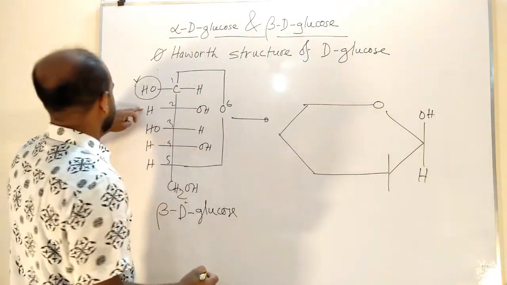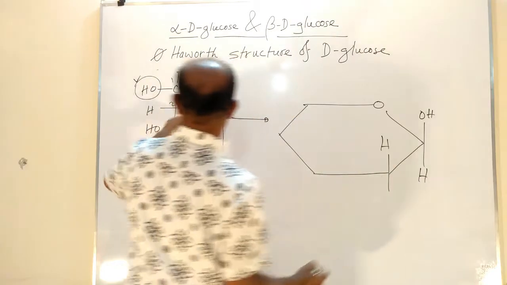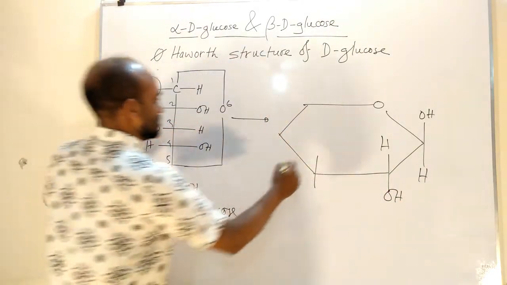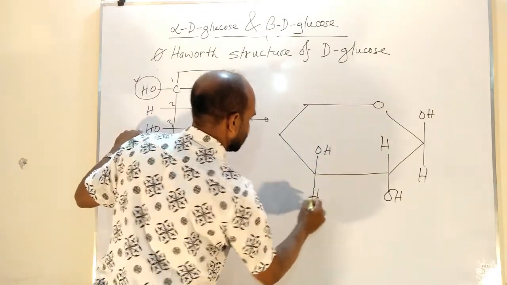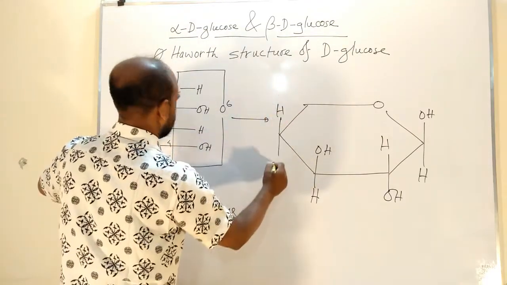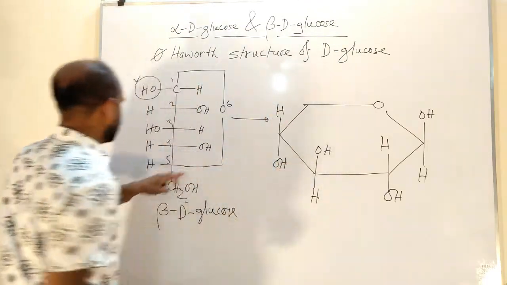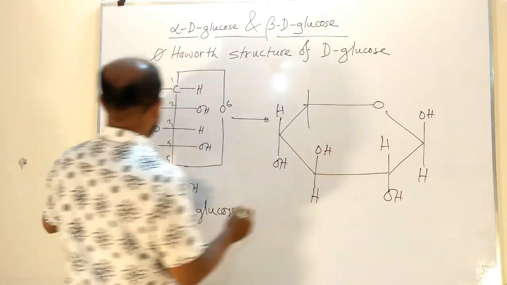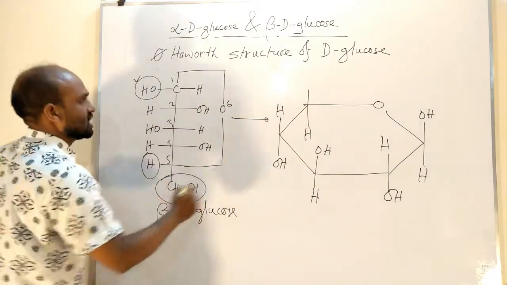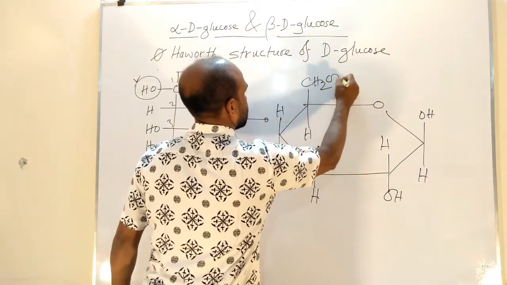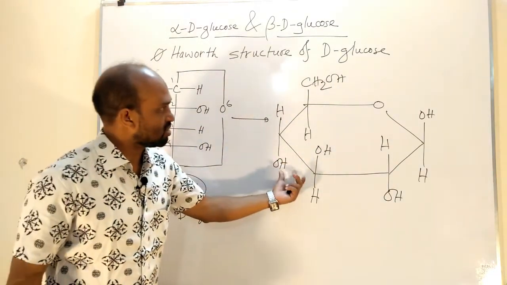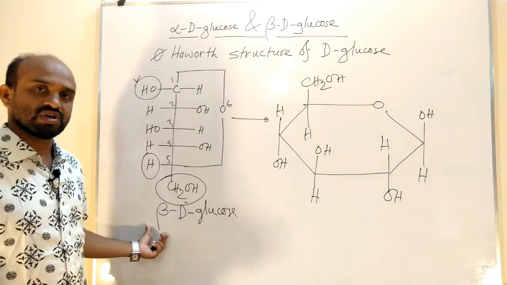Carbon 2, this is above the plane, this is below the plane. Carbon 3, this is above the plane, below the plane. Carbon 4, this hydrogen above the plane, this hydroxyl group below the plane. Carbon 5, this hydrogen is written below the plane, and this group is written above the plane. Now we got the hexagonal ring structure of beta D glucose.